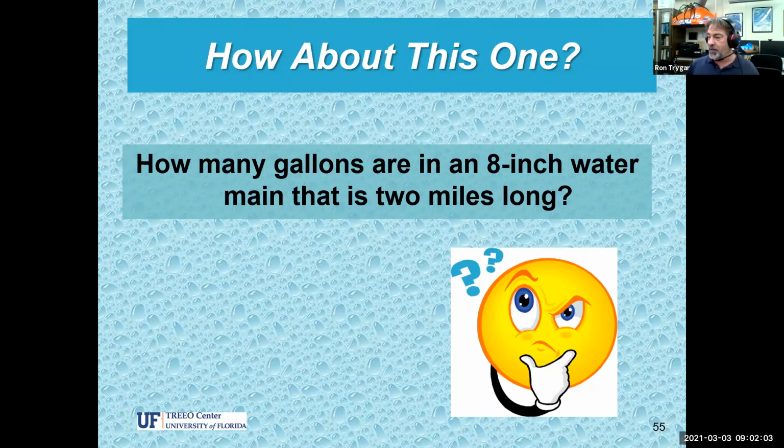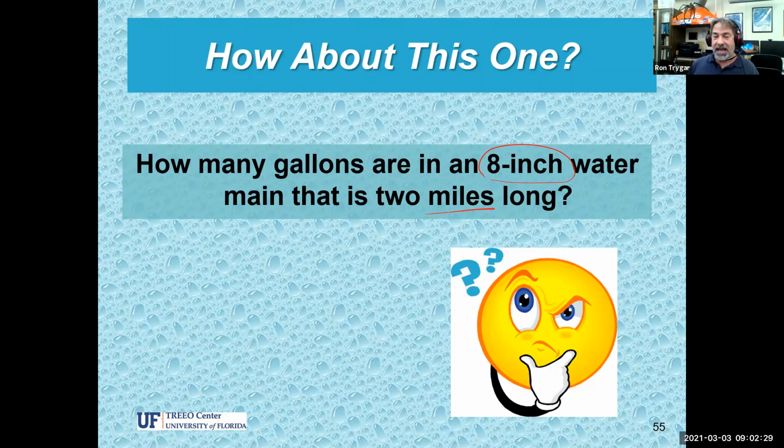First off, the 8-inch water main is going to give us a little trouble. We need that to be in feet. And the word miles does not give us feet. That gives us a distance in how many miles it is. So if it's 2 miles, we have to convert the 2 miles into linear feet. That's what we need to put into the calculation, not 2 miles.